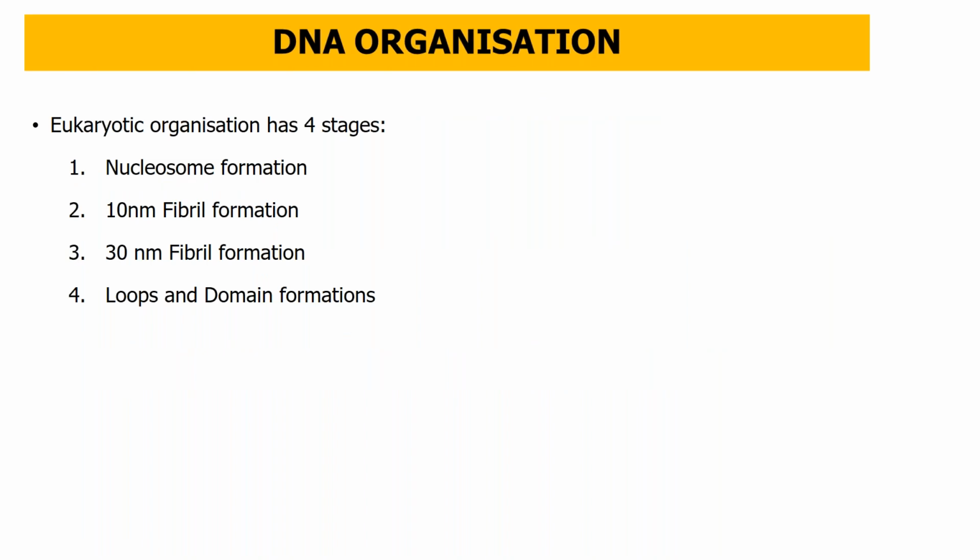Now we come to proper DNA organization. What does DNA organization mean? DNA organization में क्या हो रहा है कि eukaryotic organization has 4 main stages. First is nucleosome formation, then is 10 nanometer fibril formation, then is 30 nanometer fibril formation, and then comes the loops and domain formations.